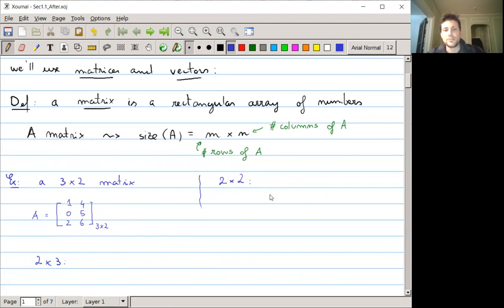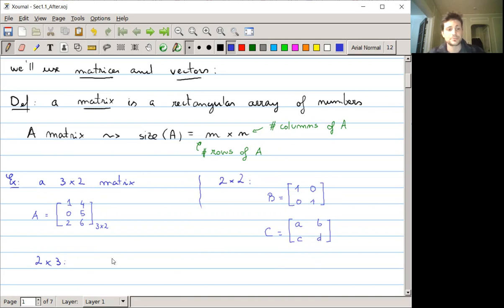How does a 2x2 matrix look? Something like this. It's a square. A general 2x2 matrix, if I don't want to leave terms specified and I want to keep things as general as possible, will look like this. It will have 4 entries, and I'll use letters for them.